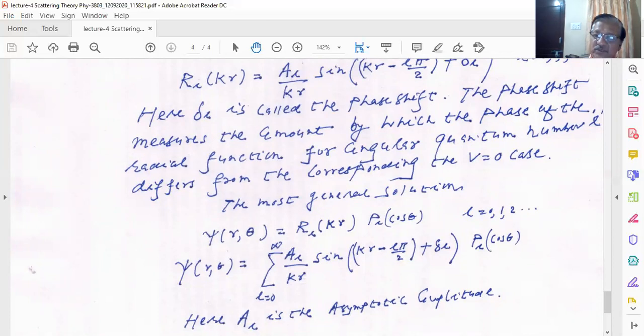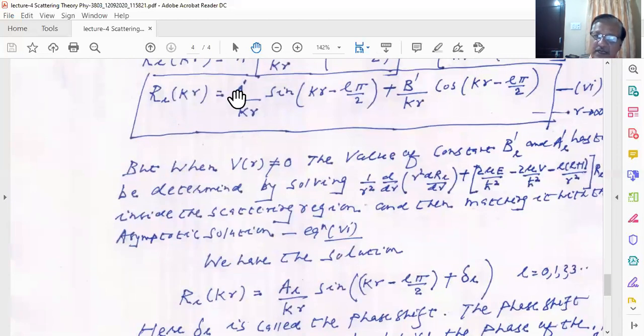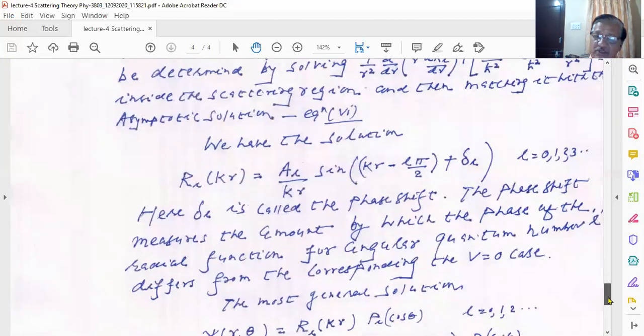So here you see there are two constants which we have introduced. There is a constant A dash, introduced where there is no potential, V equal to 0. And here I introduce another constant A L, for the case where the particle experiences the potential.